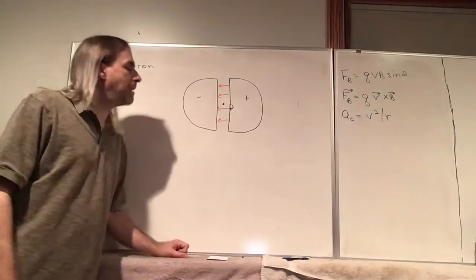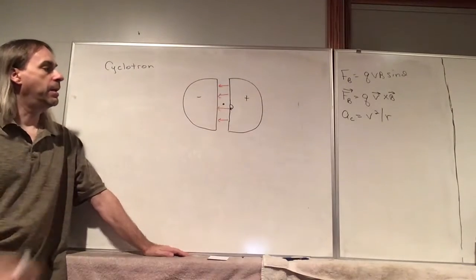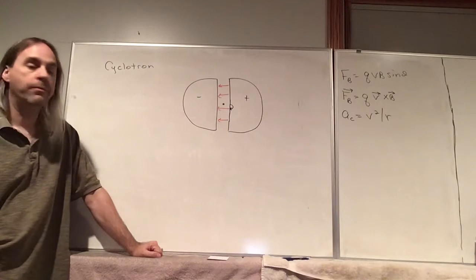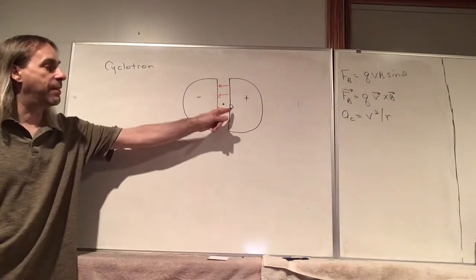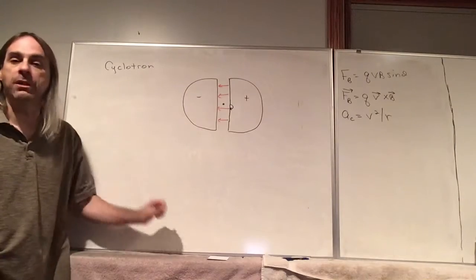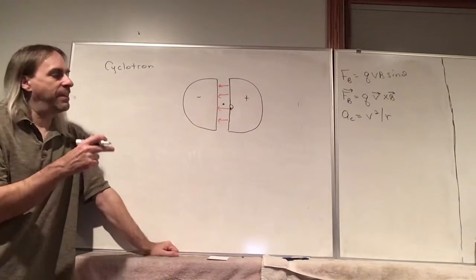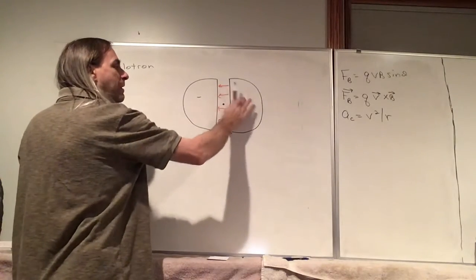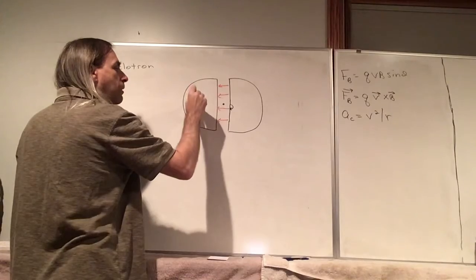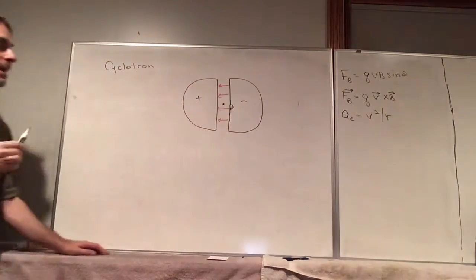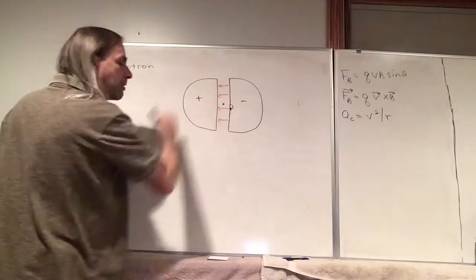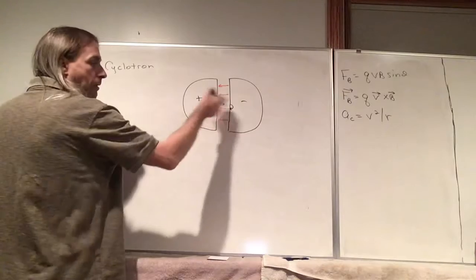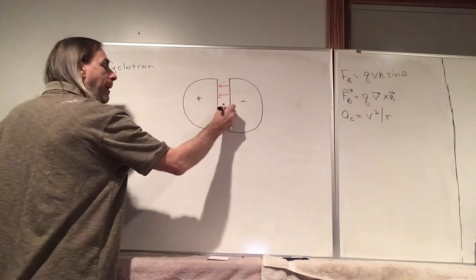And now it looks like it's about to hit a wall, because it's back in the gap. There's an electric field, and if this is a negatively charged particle, the force is going to be in the opposite direction. So imagine in the time it took for this particle to make this half loop, we switch the charges. So now it's positive and negative, and the electric field reverses direction. When it reaches this gap, instead of hitting this wall, it's going to accelerate.